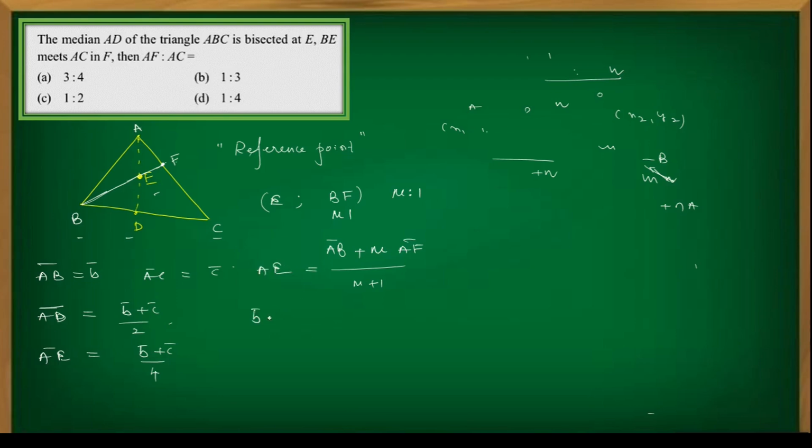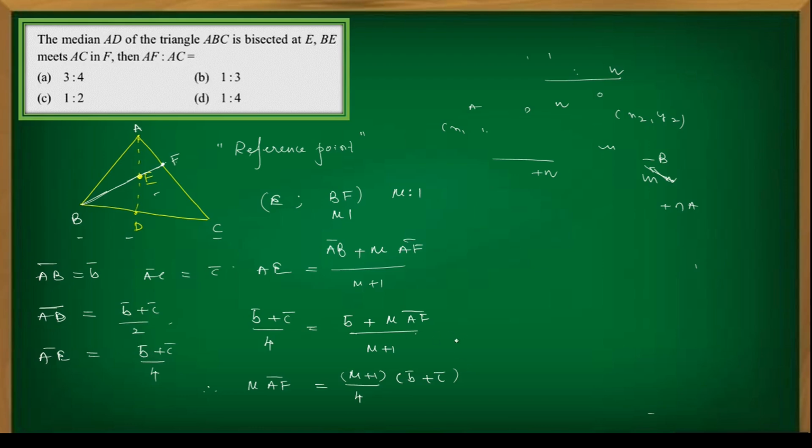We have B bar plus C bar by 4, which equals B bar plus mu into AF bar, we don't know, let it be, divided by mu plus 1. So this implies mu AF bar equals mu plus 1 by 4 into B bar plus C bar, taking this side.